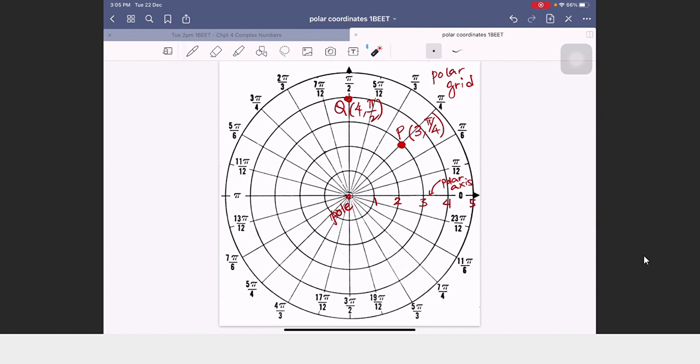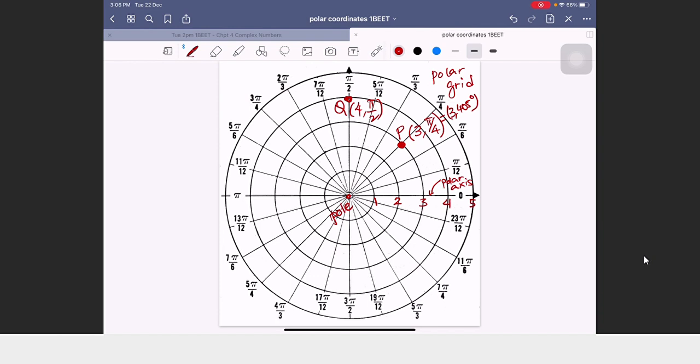So one coordinate is 45 degrees. Another coordinate that you can write is, if you add one more rotation, 45 degrees plus 360, that is 405 degrees, which is the same thing.